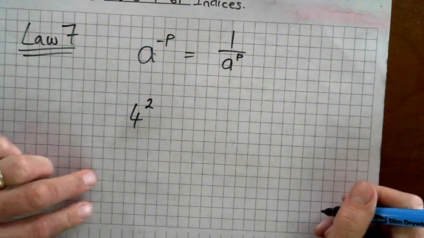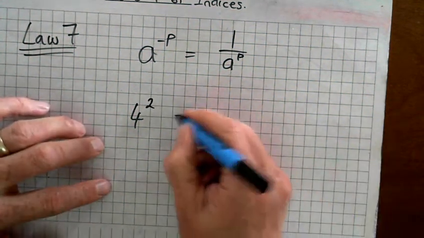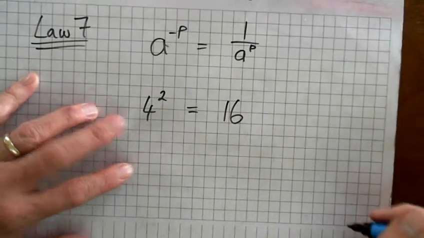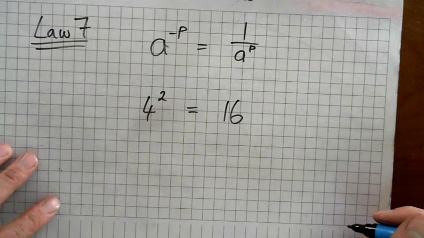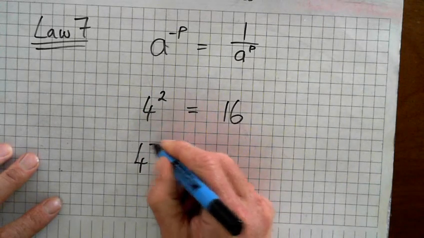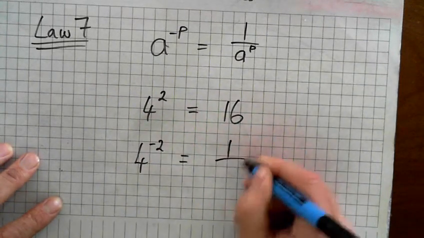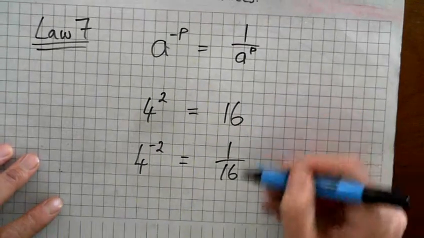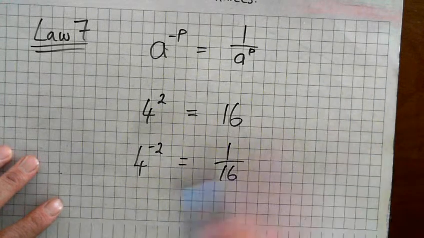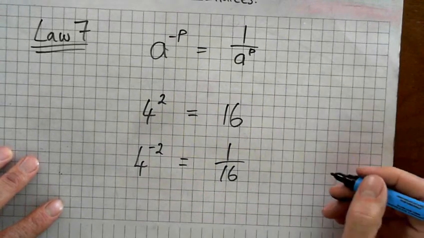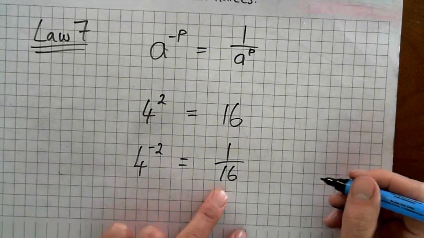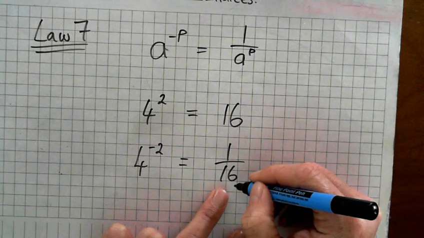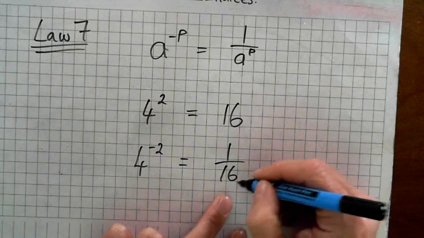First of all, what's 4 to the power of 2? 4 to the power of 2 is 16. Now, what's the difference if I put a minus 2? What did the minus do to the 16? It put 1 on top and 16 on the bottom, didn't it? It put 1 over the 16.